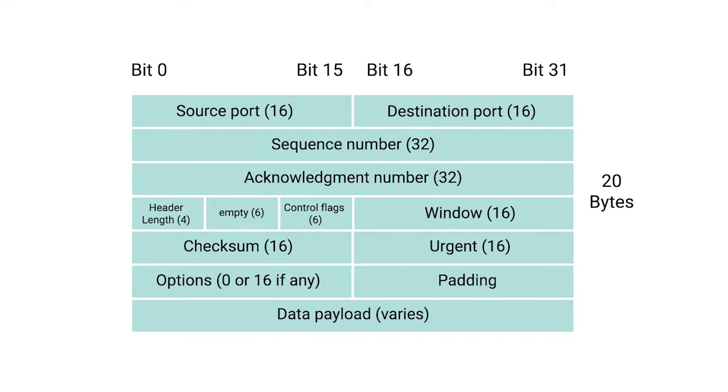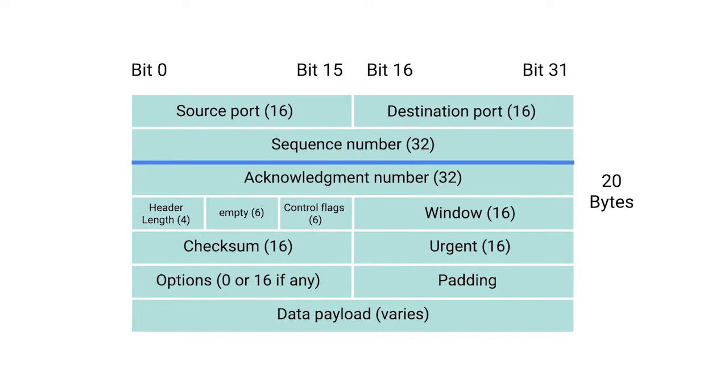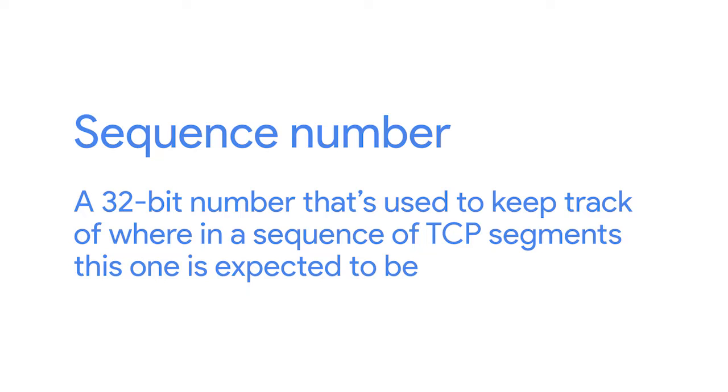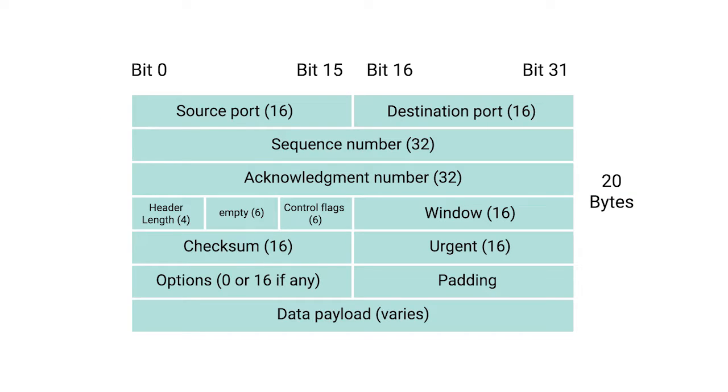Next up is a field known as the sequence number. This is a 32-bit number that's used to keep track of where in a sequence of TCP segments this one is expected to be. You might remember that lower on our protocol stack, there are limits to the total size of what we send across the wire.